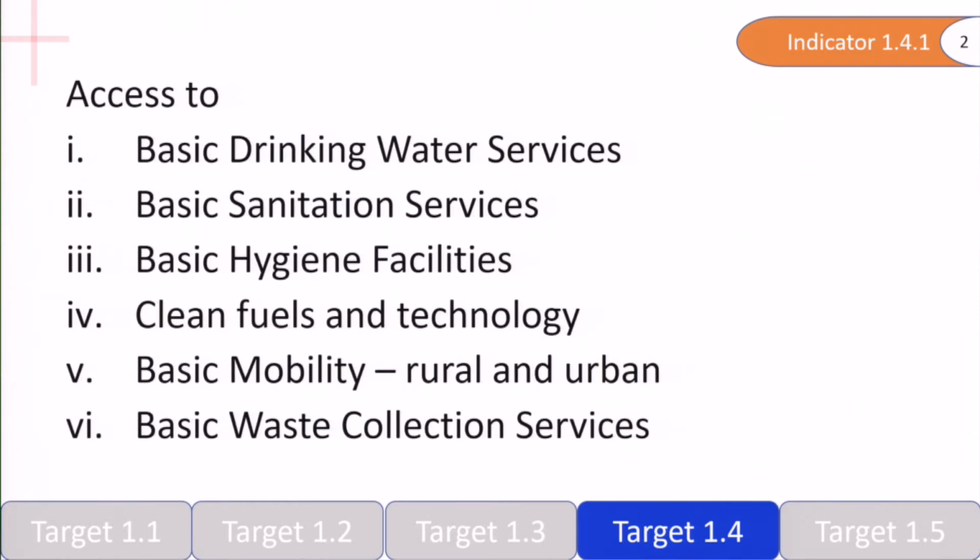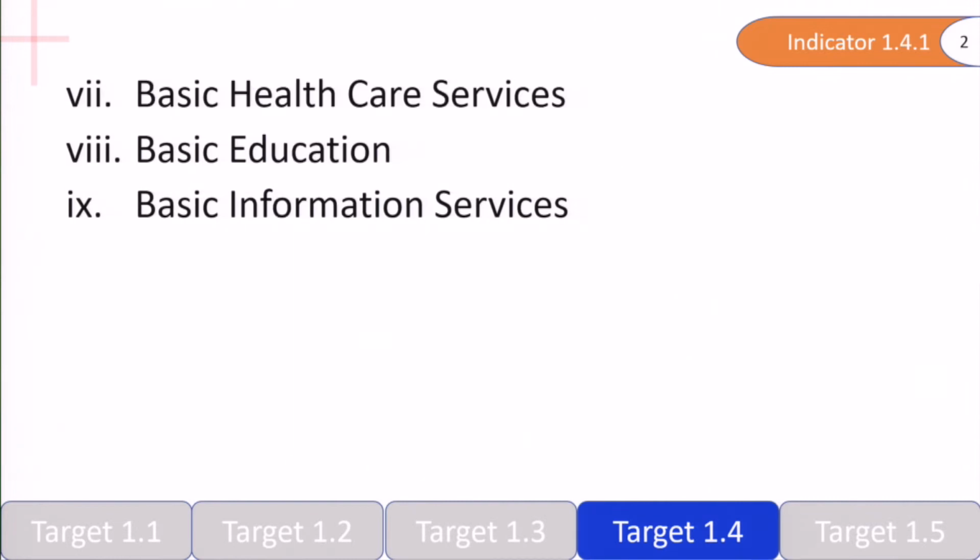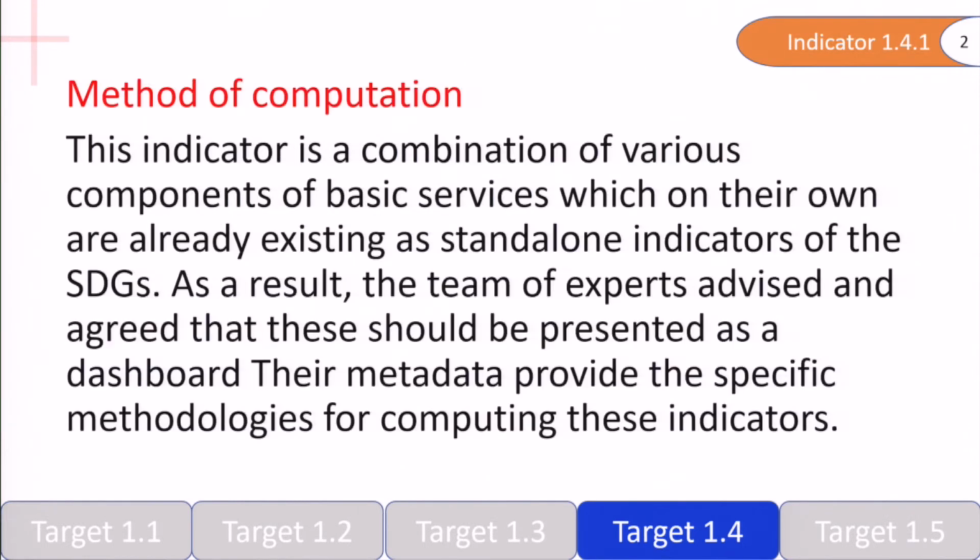The various components on which we need to measure include access: the number and proportion of people who have access to basic drinking water supplies, basic sanitation services, basic hygiene facilities, clean fuel and technology, mobility, basic waste collection services, basic healthcare services, education, and information services. So, these are the 9 components which need to be measured under indicator 1.4.1.